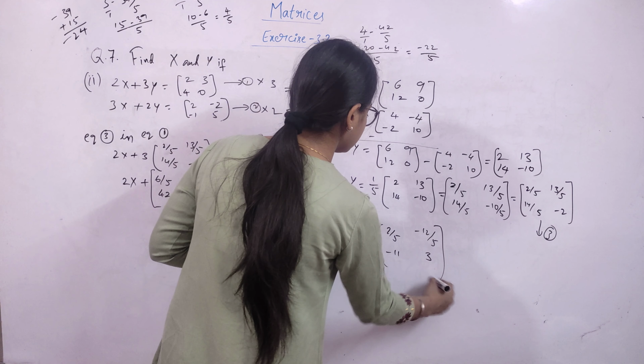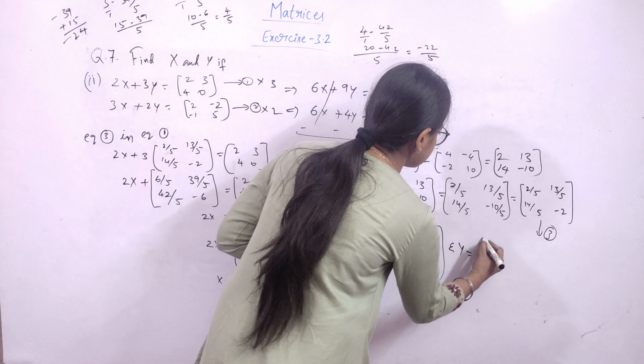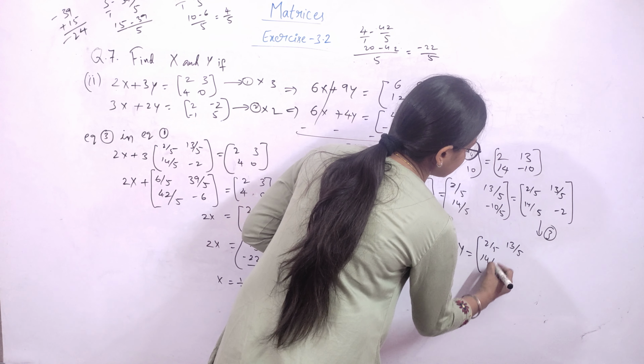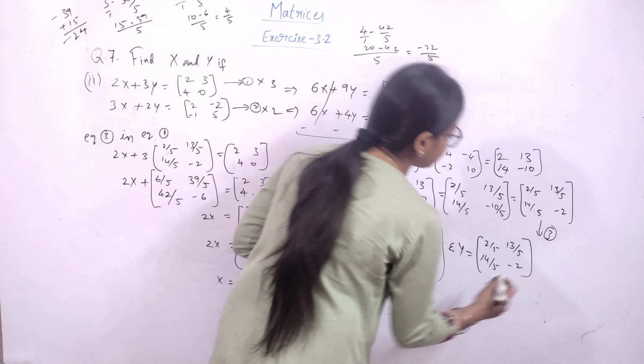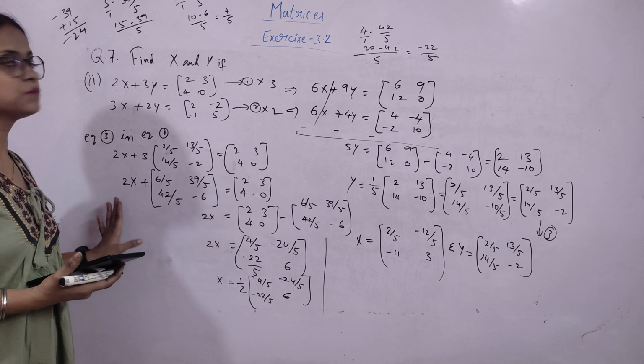And the Y matrix we got as 2 by 5, 13 by 5, 14 by 5, minus 2. So like this we have found the answers for the second part of the 7th question.